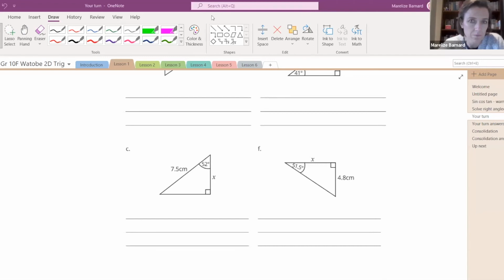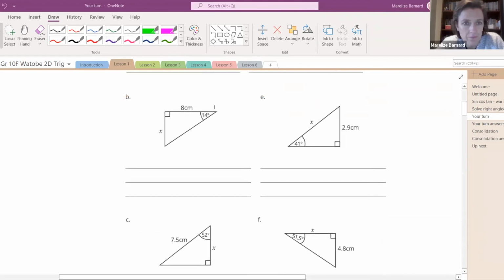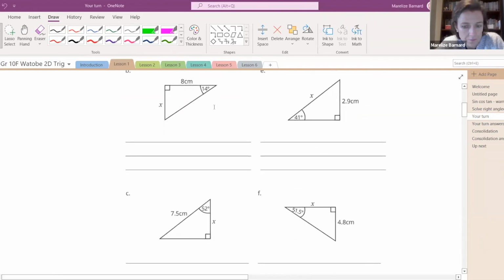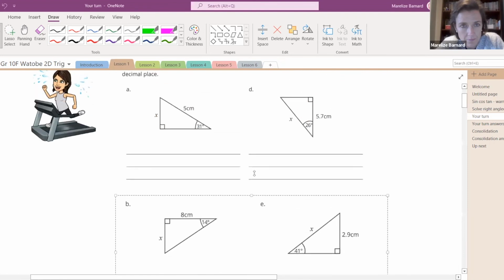Bukamusa also has a hand up. Go for it, ask your question. Ma'am, I think I'm doing something wrong, but I'm getting a little lost. By the first question, number A, I got that I have to use sin of 31 degrees in order to find the answer. But then I am getting stuck at the point where I was supposed to take sin to the other side so that it can be sin over 5 centimeters.